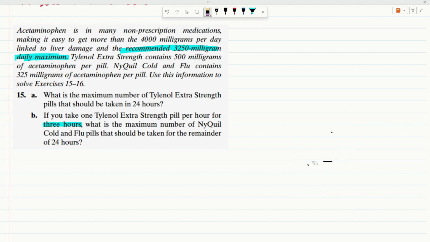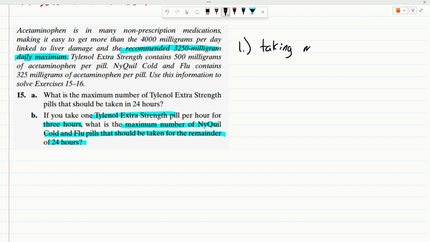All right, so here we go. So we're going to do this again. So let's think about this. You ready? You are taking 1 Tylenol extra pill per hour for 3 hours. So, 1, what are we doing again?